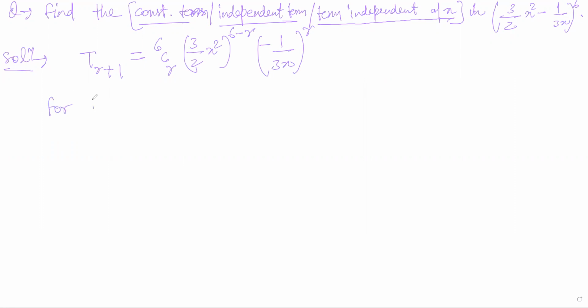For the independent or constant term, the meaning of these three terms is the same, and they mean they don't want x in the expression. So for the constant term, the power of the variable should be equal to 0. Put the power of the variable equal to 0.